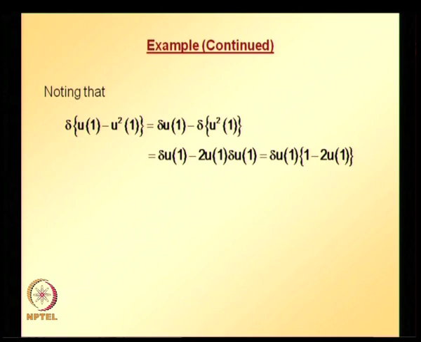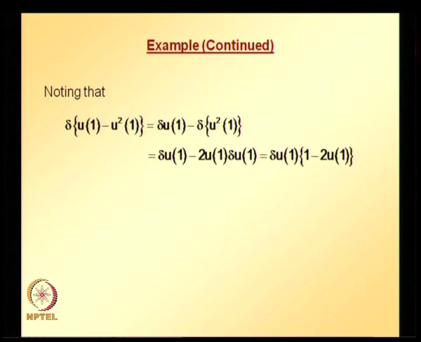Note that the variation of u evaluated at x equal to 1 minus u square evaluated at x equal to 1, the variation of this entire thing, is nothing but the variation of u evaluated at x equal to 1 minus the variation of u evaluated at x equal to 1 squared.